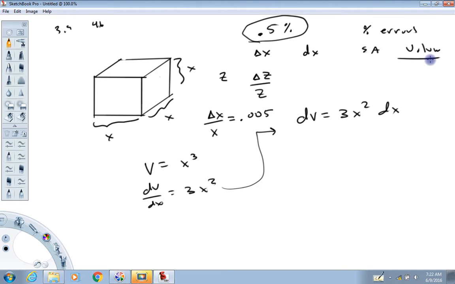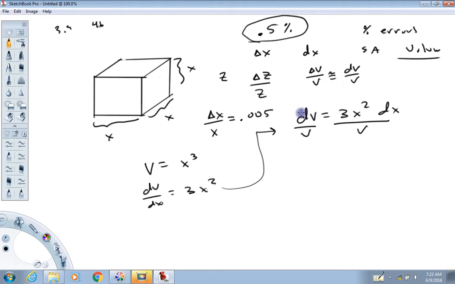The percent error in the volume is equal to the change in volume over the original volume. And what I'm going to do is approximate that by using dV over V, where dV and delta V are approximately the same for small changes in x. So in other words, if I want this to be a percent, I need to divide both sides by the volume. dV over V now basically is the percent change in volume.